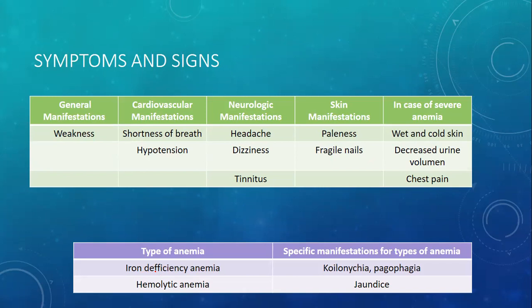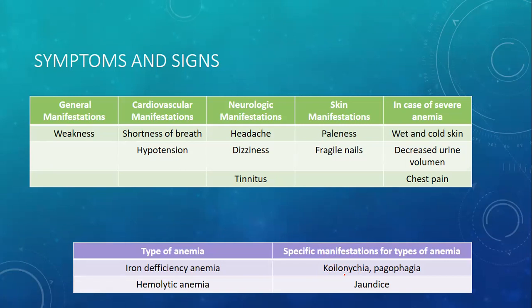For example, in iron deficiency anemia, we might have koilonychia. Does anybody know what koilonychia is? Is it the white spots on the nail, no? Nope. Actually, koilonychia means the nail has the form of a spoon, okay?